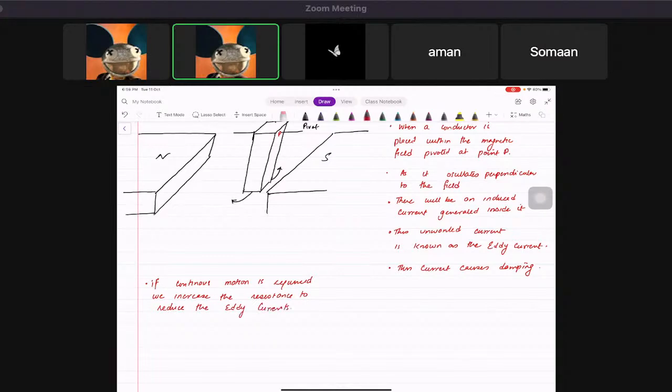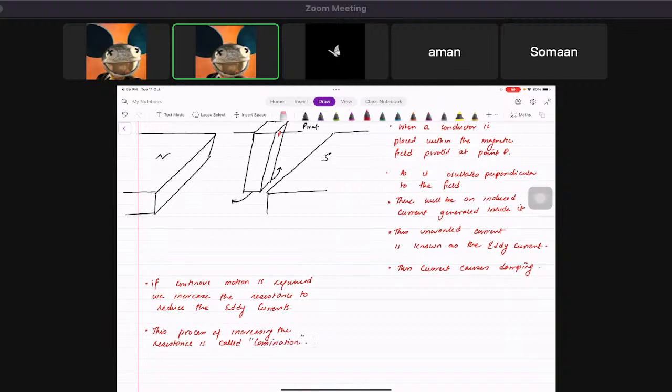Okay, and this process of increasing the resistance is called lamination.